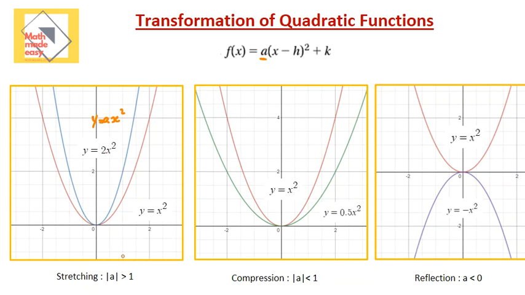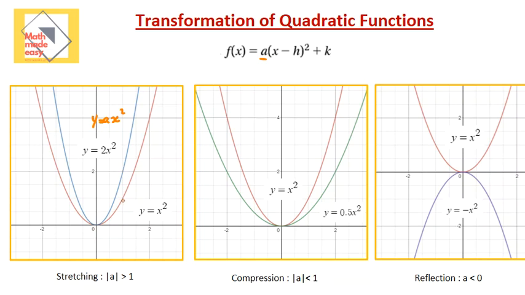The absolute value of 2 is greater than 1. So if the number is greater than 1, what happens? Stretching vertically, in this direction. Why would that happen? It's obvious, because when x is equal to 1, 1 squared is 1, then when you multiply by 2, it becomes 2.